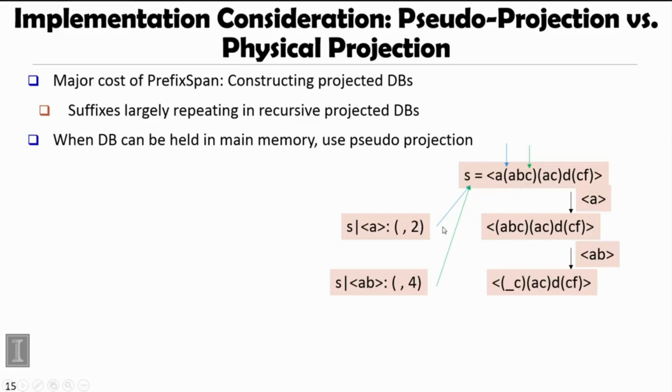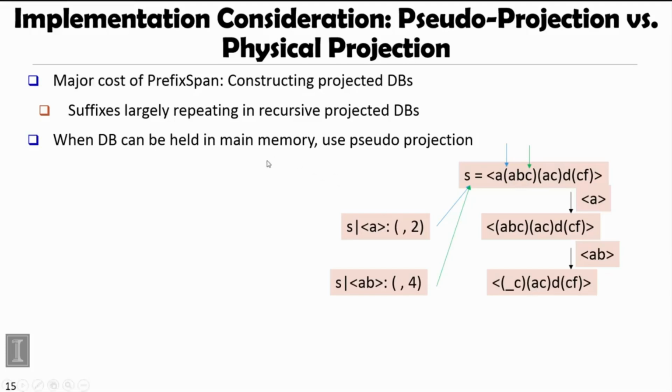What we need is what we call pseudo projection. That means you just say, what is A's projected database? It's the same sequence, but the position is number 2. What is AB's projected database? It's the same sequence S, but the position is number 4. So if you register the next position to be scanned, you essentially register the projected sequence or suffix.